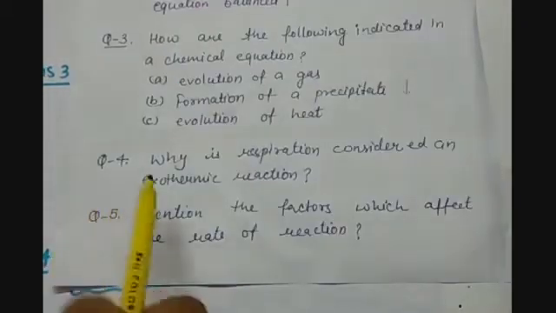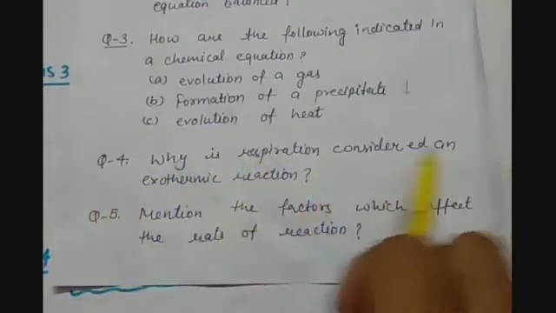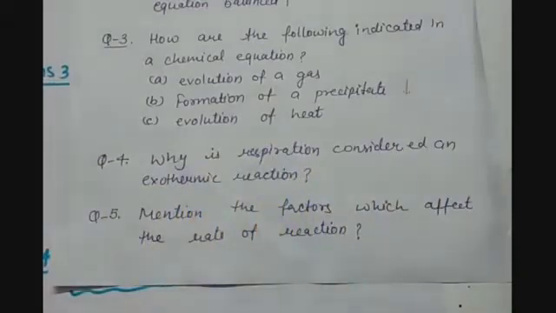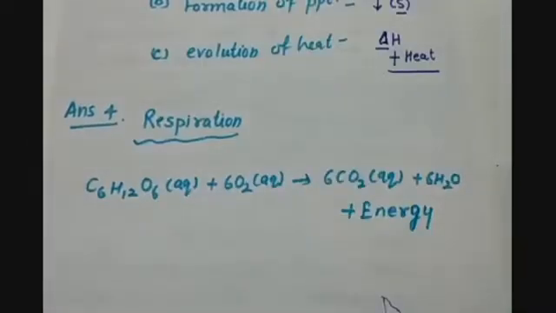Question number 4 says, why is respiration considered an exothermic reaction? So dear students, as we all know, the energy required by us to support our lives is given by the food that we take in.